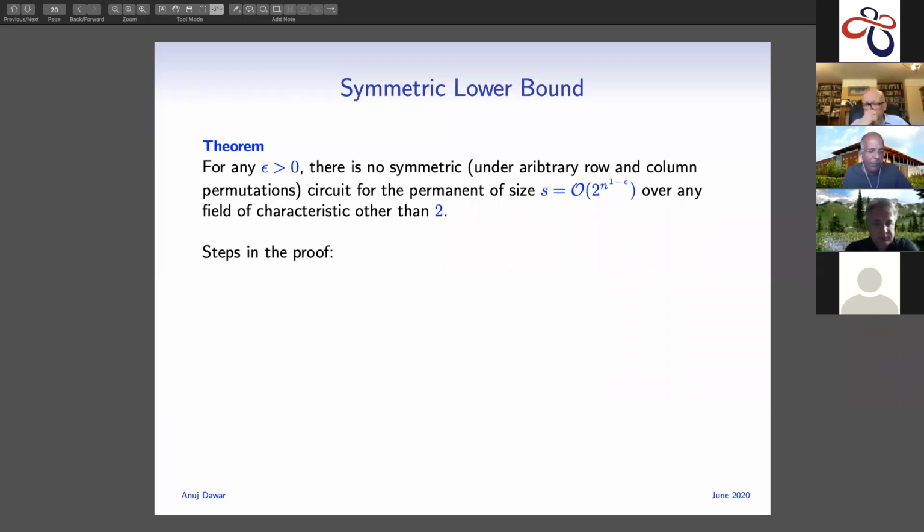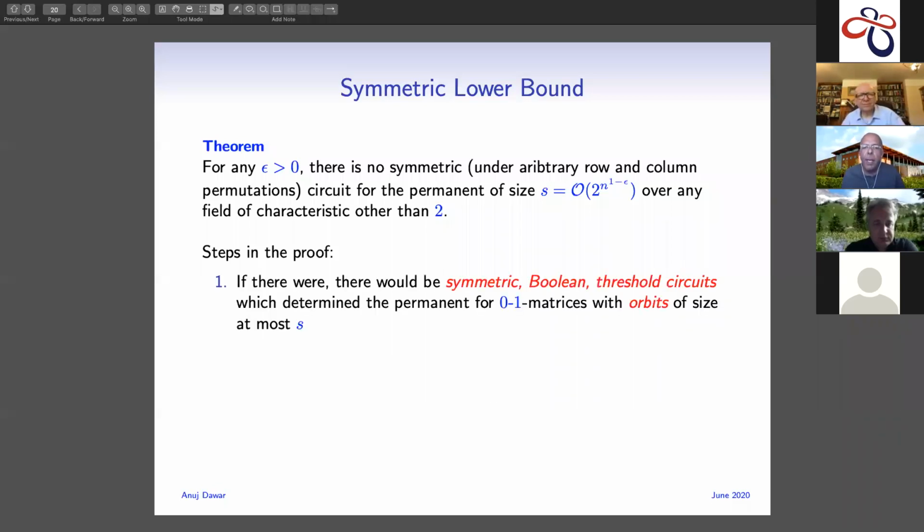Very quick outline of what the steps in our proof are. Suppose there were small circuits for the permanent. We show that we can translate these into symmetric circuits, which are now Boolean, and which compute the permanent for 0-1 matrices. Okay, so basically you just specialize the algorithm.